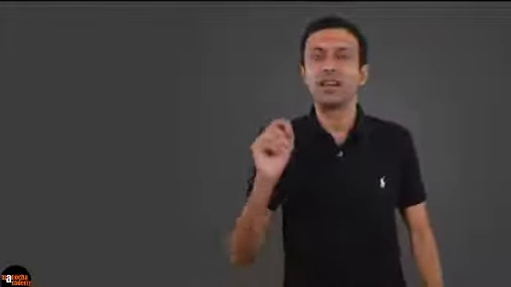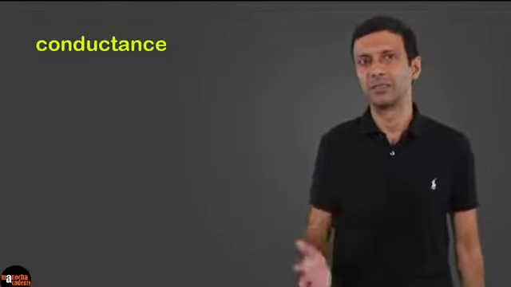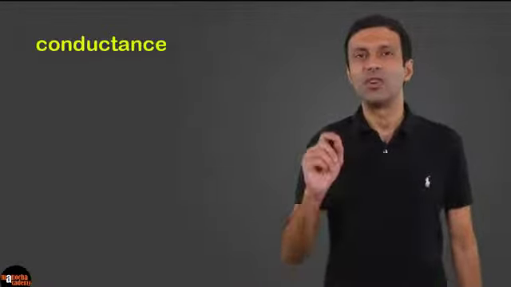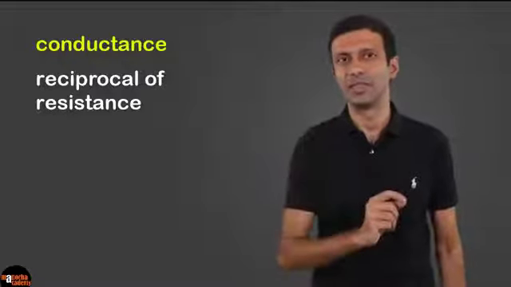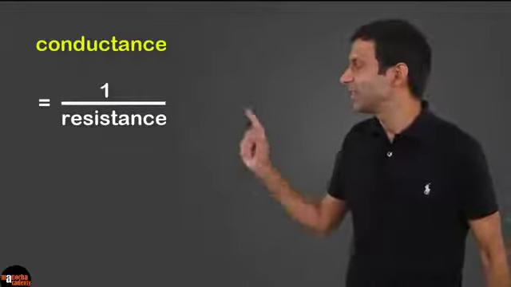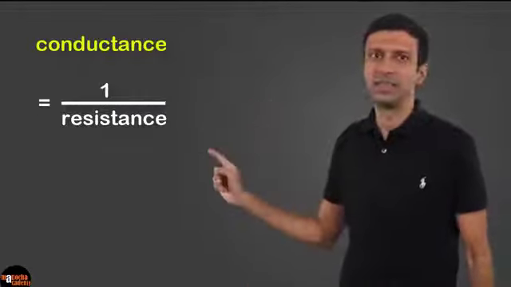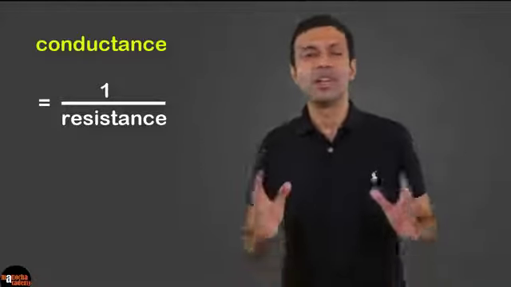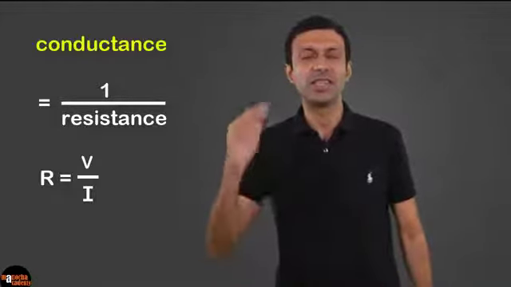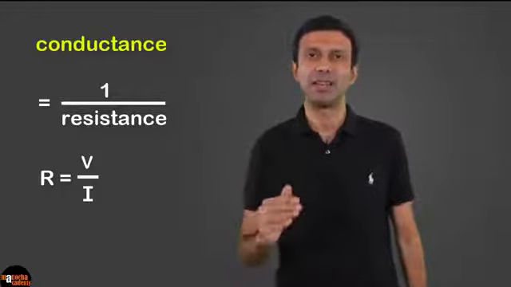Just like we have resistance of a conductor, there is another term called conductance. Conductance is the reciprocal of resistance. So conductance is 1 by the resistance. And remember, resistance is potential difference divided by electric current.